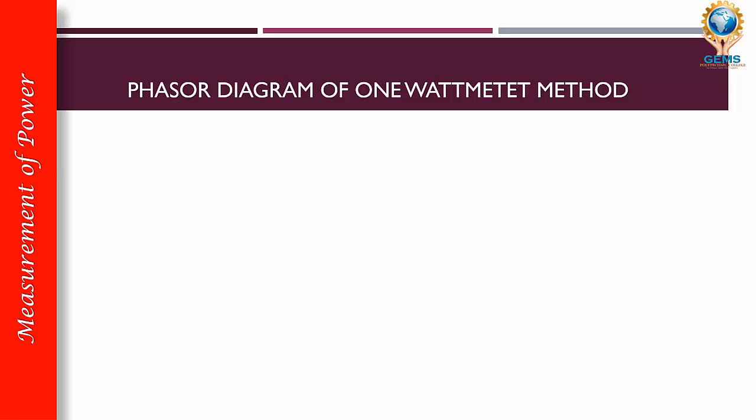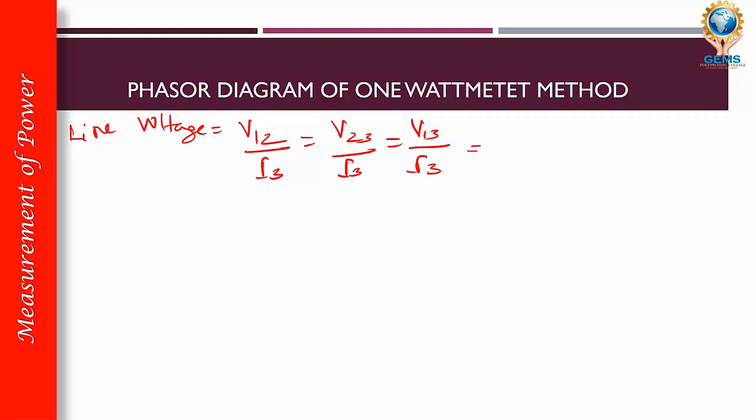So the phase voltage and line voltage will be equal to V12 by root 3, V23 by root 3, V13 by root 3, which is equal to the supply voltage.